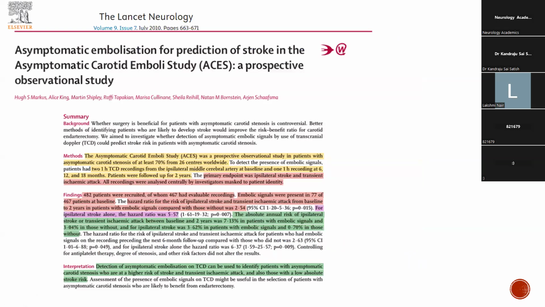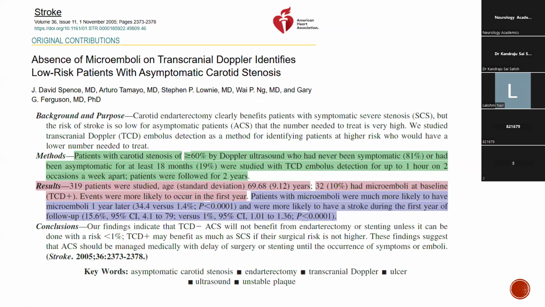So in the study, that is the asymptomatic carotid emboli study, the ACES study, which got published in the Lancet in 2010, they found that detection of asymptomatic embolization on TCD can be used to identify patients with asymptomatic carotid stenosis who are at higher risk of stroke and TIA, and also those with a low absolute stroke risk.